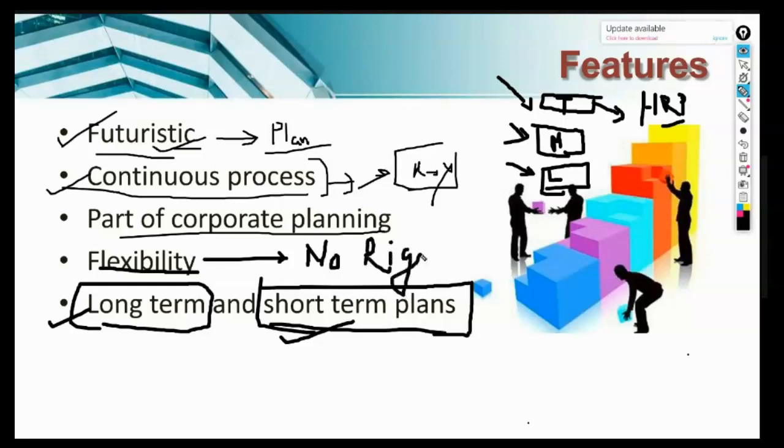You should not be very rigid in your approach. So try to make sure that you are focusing on a flexible plan, a continuous plan, a plan which is more futuristic in its approach. It is done with the consent of top level management, and we plan for both types of terms: short term and long term. So HRP is the right person at the right place at the right time, and these are the features of HRP. Right? So let's move ahead.